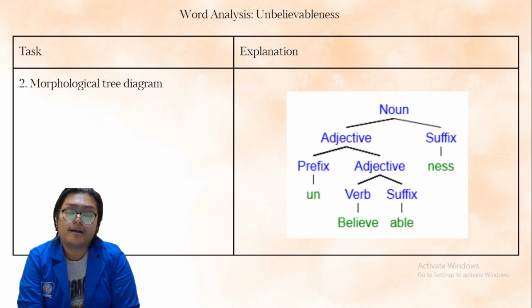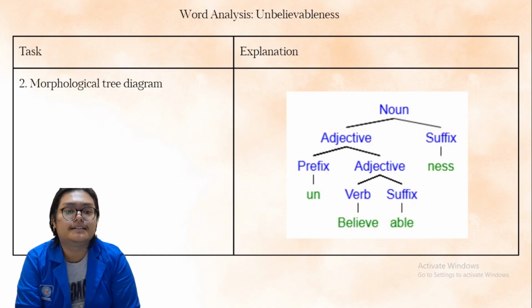Morphological tree diagram. So unbelievableness is a noun, but what makes it a noun? Because there is an adjective, unbelievable. But unbelievable can be broken down also. Believable is also an adjective.